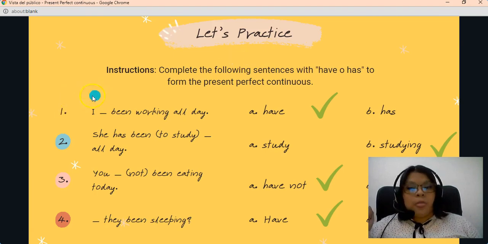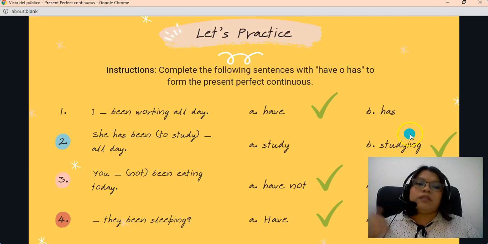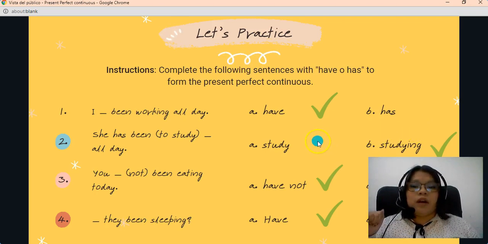So I been working all day is have, right? Because it is not third person. So I have been working all day. Number 2, she has been, with the verb to study, all day. In this case it will be studying, because that is the right way to use it for the present perfect continuous.